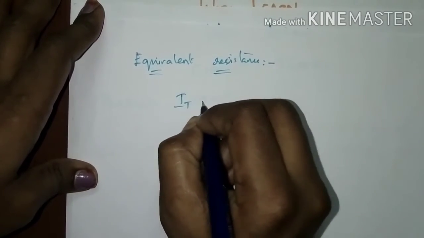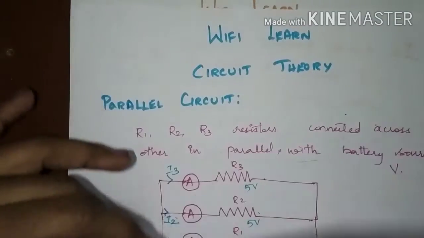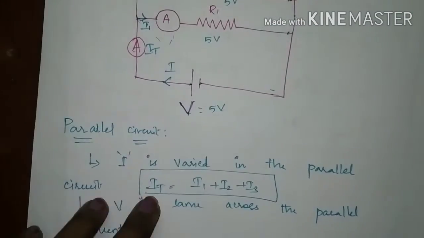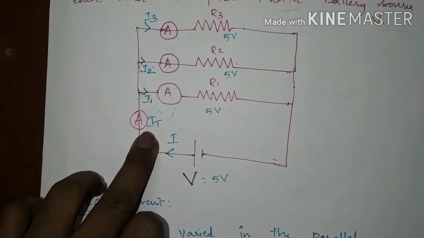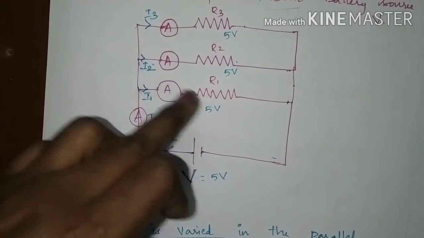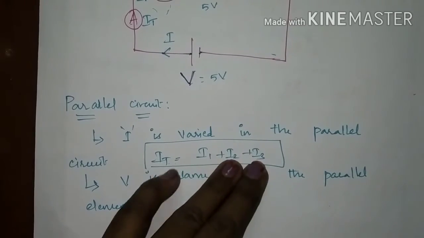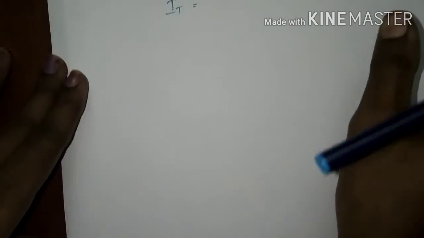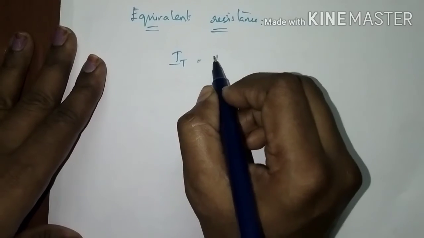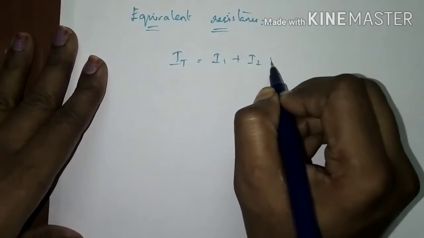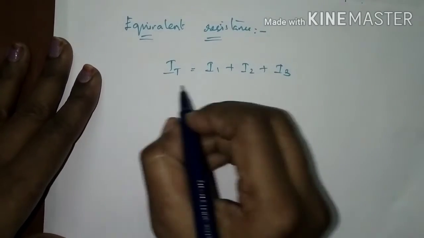In the circuit figure, the total current we have taken is equal to the sum of the branch currents, so IT is equal to I1 plus I2 plus I3, the current flowing through each resistor.